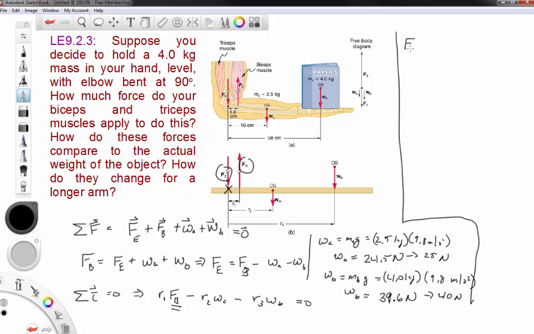So force of the bicep is going to be radius 2 over radius 1 times the weight of the arm plus radius 3 over radius 1 times the weight of the book. So that means that we have 4 centimeters was radius 1, 16 is radius 2, 38 is radius 3.